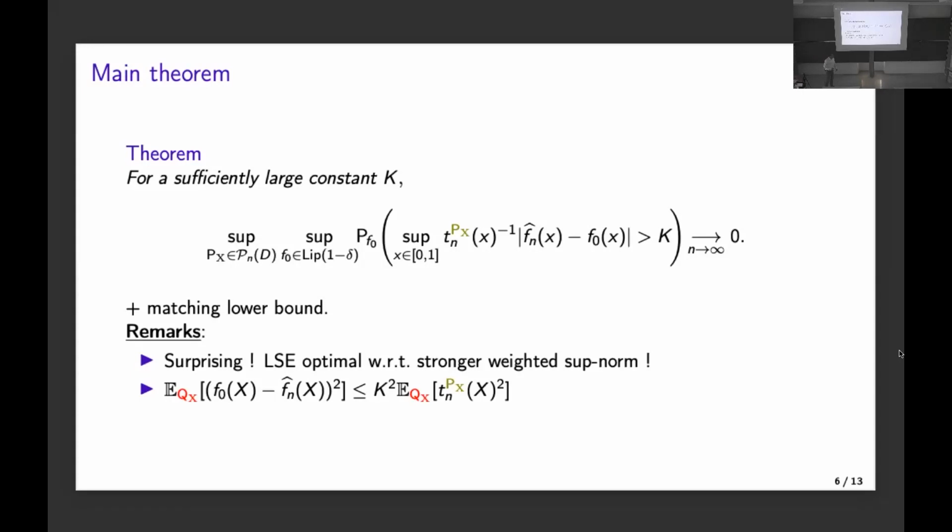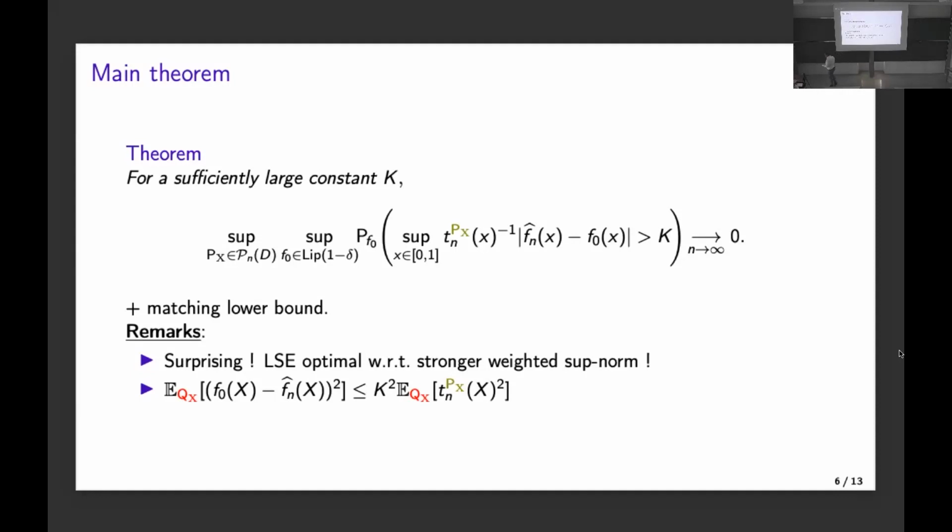To dissect it a little bit, this is a uniform statement over our class of locally doubling distributions, and in the worst case over the function we would like to reconstruct, we have this weighted sup norm, which is upper bounded with high probability. And we prove a matching lower bound.